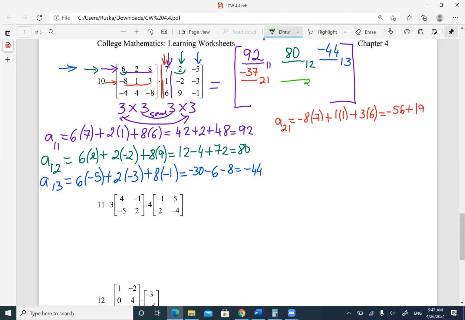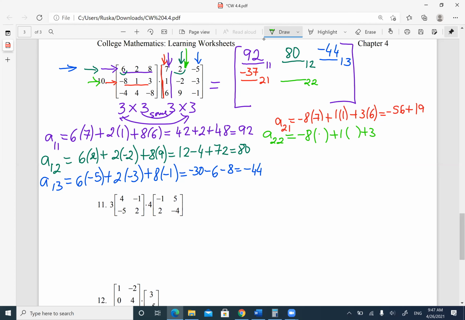Then we're going to go to the next one, which is this number here. And this is second row, second column. So we're going to do second row, and now we're doing the second column, going down the second column. So we have negative 8, 1, and 3. That's the second row.